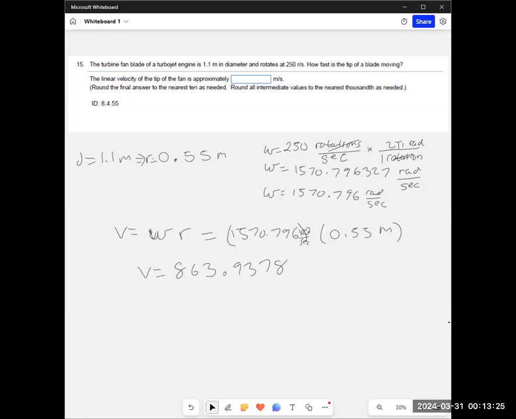And they want me to round this to the nearest 10 as needed. So V is approximately 860, and radians wouldn't matter. This is meters per second, and this is 860 meters per second.